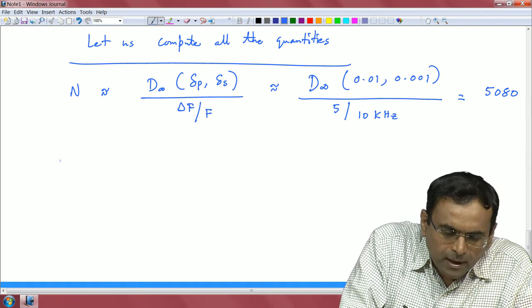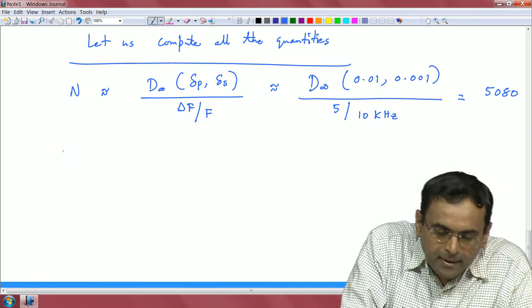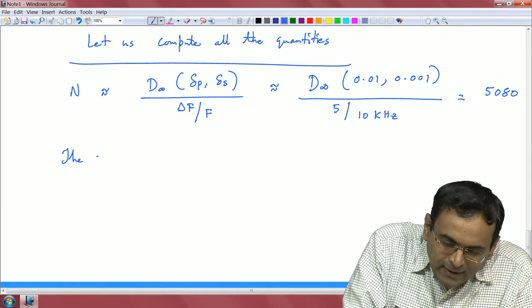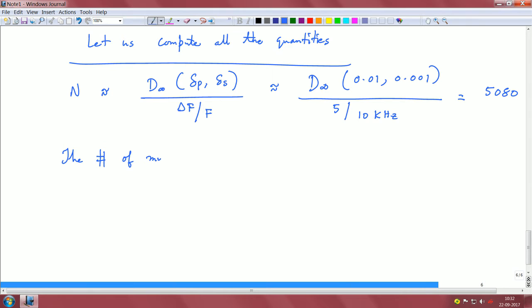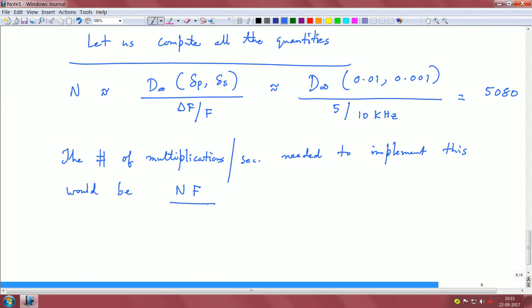Now, let us look at the multiplications required per second needed to implement this. The number of multiplications per second needed to implement this would be n times f over 2m.